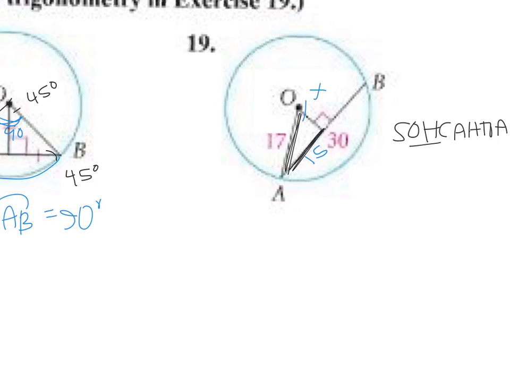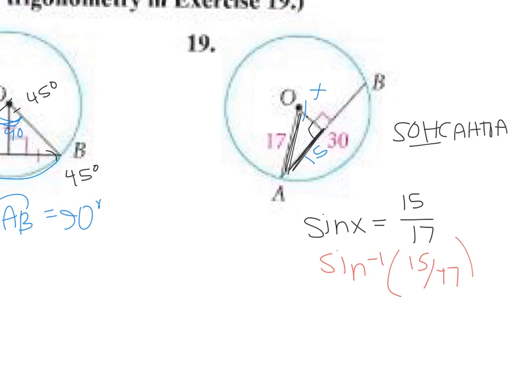So you're going to use sine. So you do the sine of x equals opposite, which is 15, over hypotenuse, which is 17. So then you need to do the inverse. And after you do the inverse, you multiply it by 2 because you need 2 of these right here to equal AB.